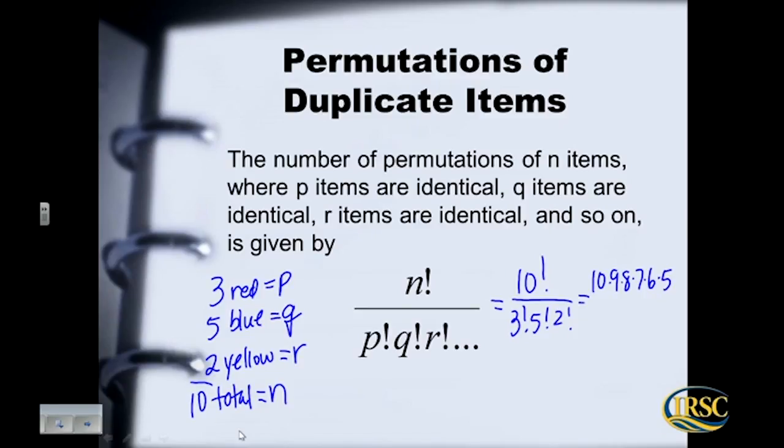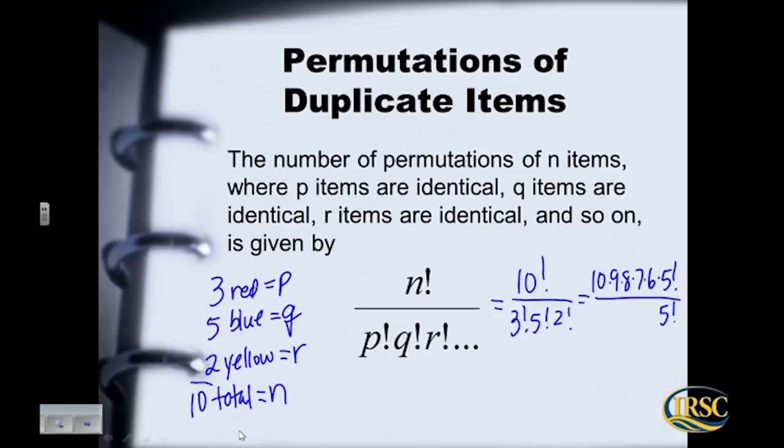Now, I could write 5, 4, 3, 2, 1, but what's going to happen with that 5, 4, 3, 2, 1? It's going to cancel with this 5, 4, 3, 2, 1 in the middle, right? So I can stop at my highest factorial because I know it's going to cancel with the one that's listed on the bottom.